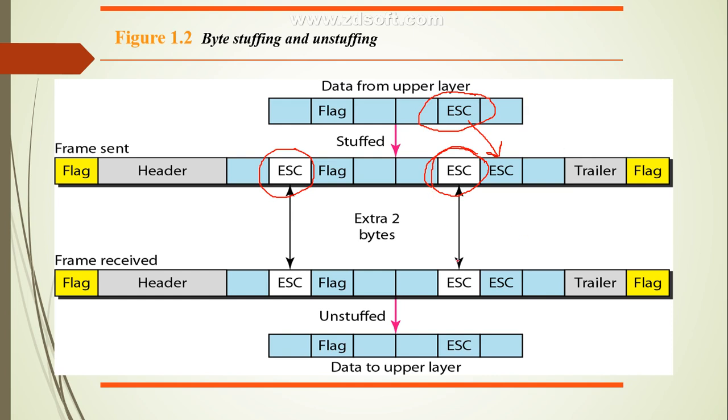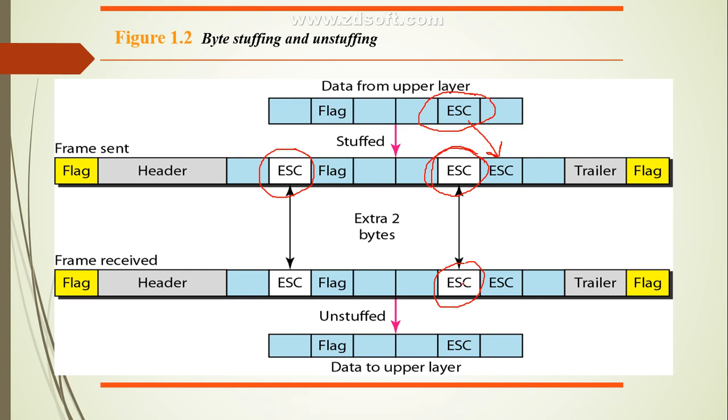So when the receiver encounters this escape character, it comes to know whether the next portion is a flag or itself an escape character, and then it takes it as a part of the data. That is called unstuffing. Over here we do byte stuffing, which means we insert escape characters, whereas at the receiver we extract these escape characters, which is called unstuffing.